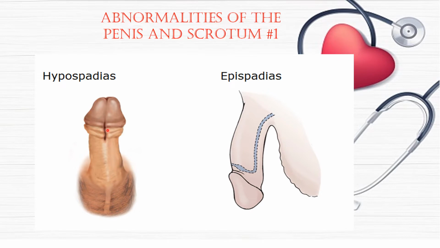There is a groove that extends from the actual urethral meatus to its normal location on the tip of the glans. Another abnormality here is epispadias, wherein the urethral meatus is located on the top of the glans at the dorsal side. This condition is a congenital defect and it occurs rarely.